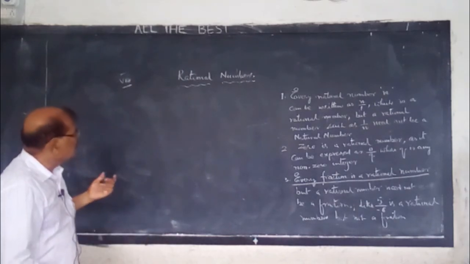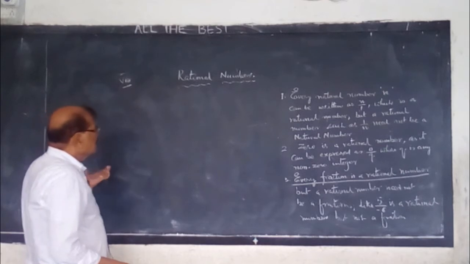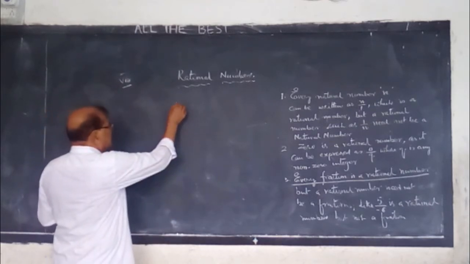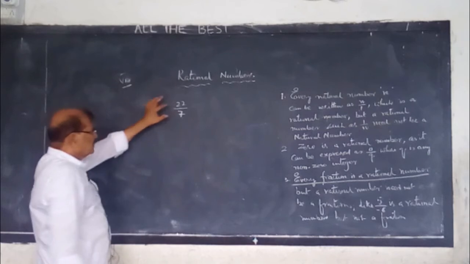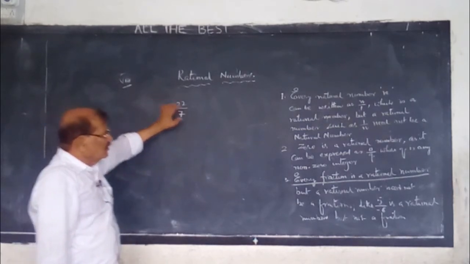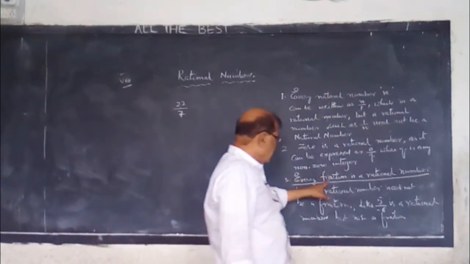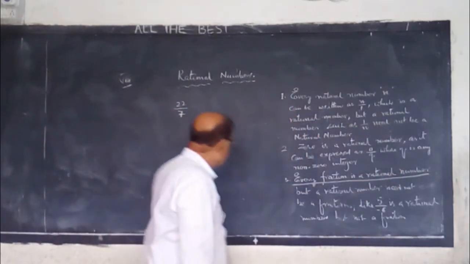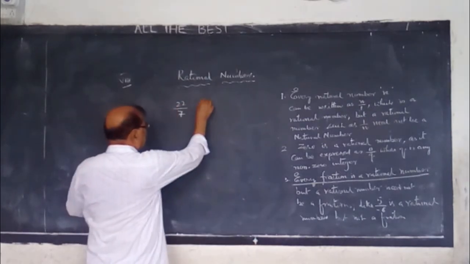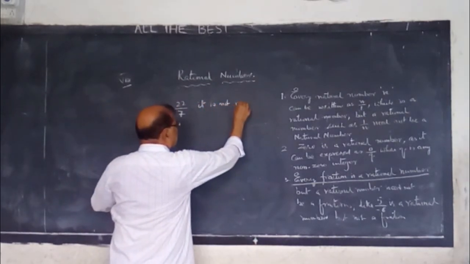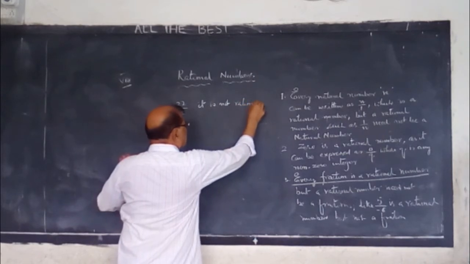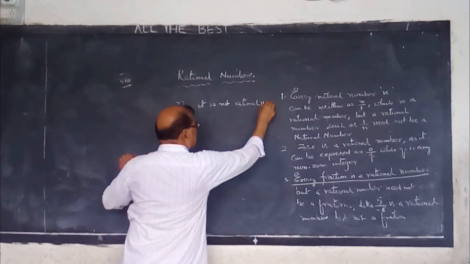For example, you take 22 by 7. This is a fraction. According to the definition, every fraction is a rational number, but this one is not a rational number.